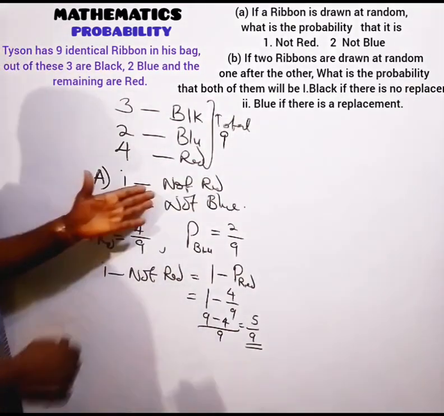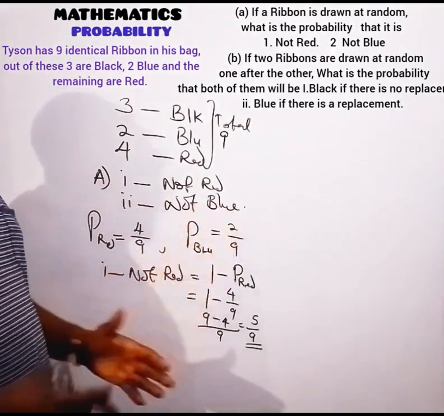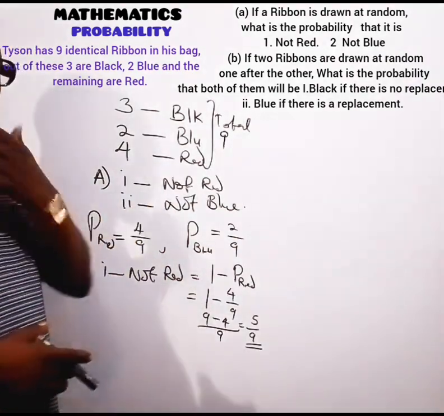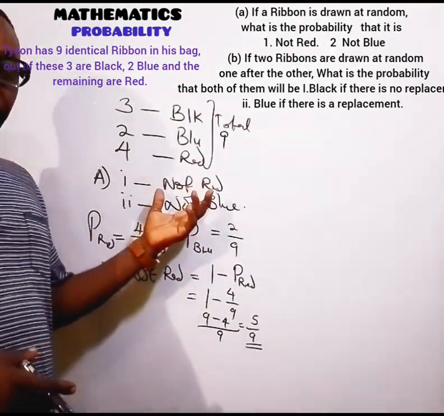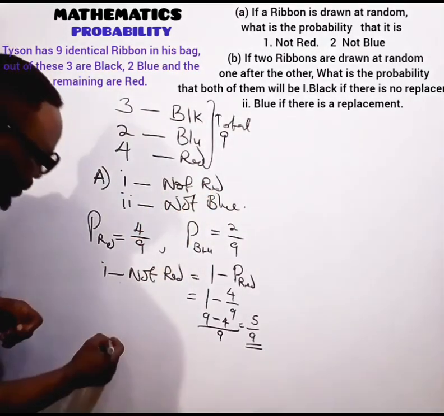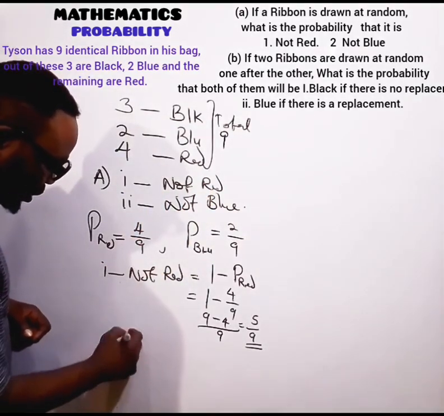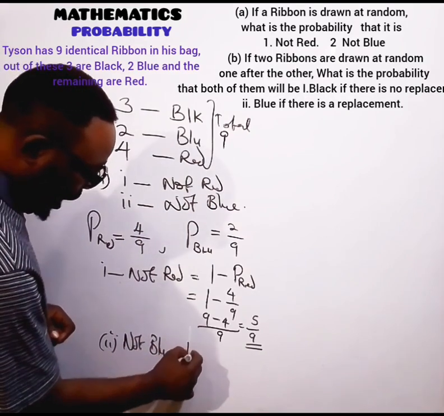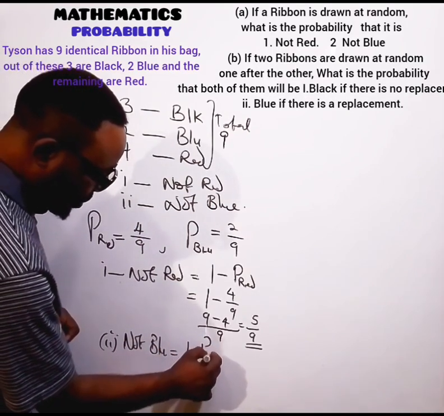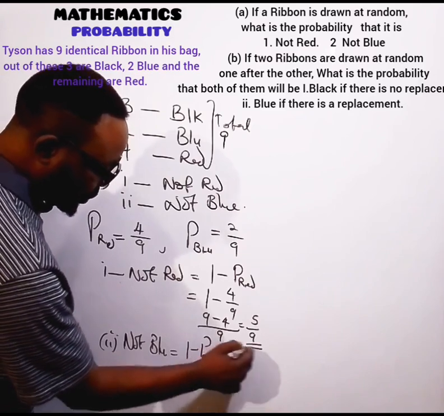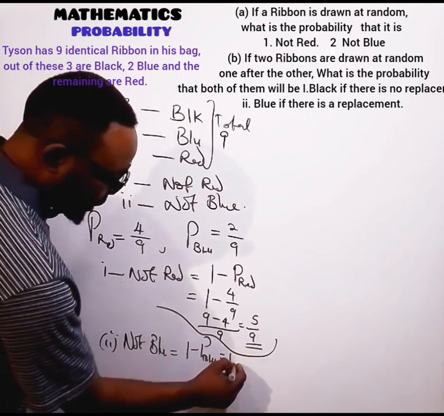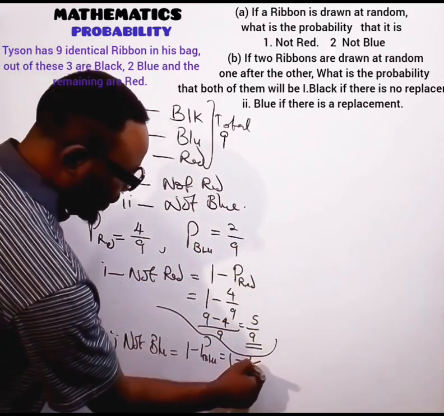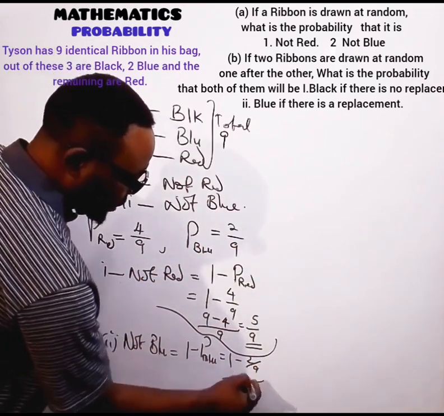Now, for the probability that it is not blue, we follow the same method we used to get the first answer. Probability of not blue will be equal to 1 minus probability of blue, which is 1 minus 2 over 9. We find the LCM as well.